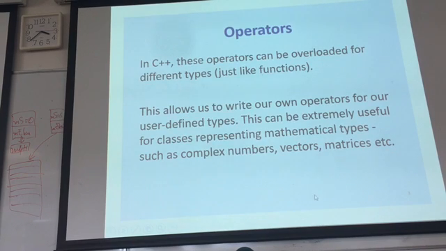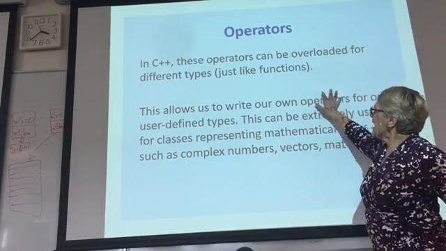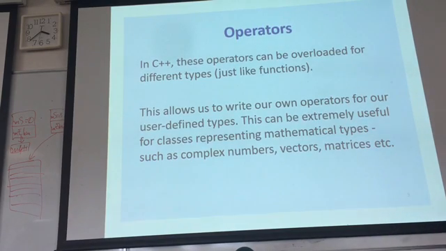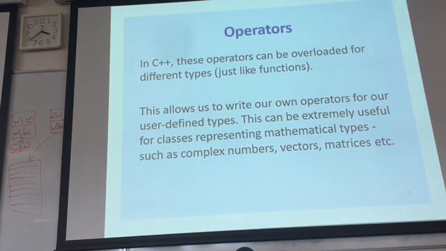So, one part for which object-oriented programming is considered a good methodology is that you can very easily extend those operations for your types, which sometimes is not so easy in C. You can do everything you do in C++ in C, everything, but with much more work.